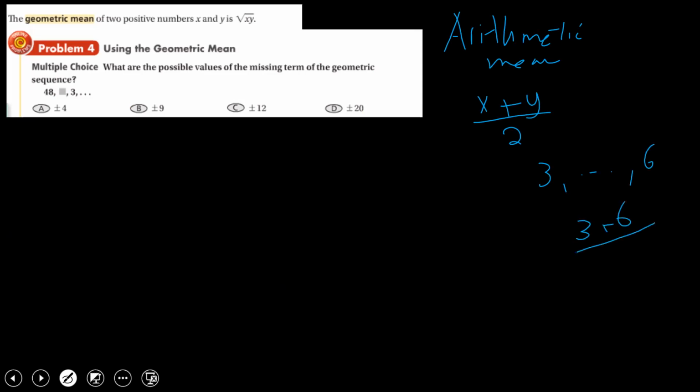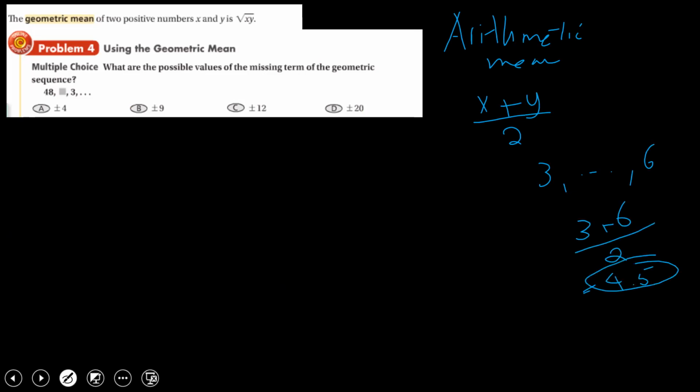Do you remember in the arithmetic sequence, we have something we call the arithmetic mean? The arithmetic mean is x plus y over 2. Like if I have 3, nothing here, and 6, and I want you to find this term, you say 3 plus 6 over 2, which is 4.5.